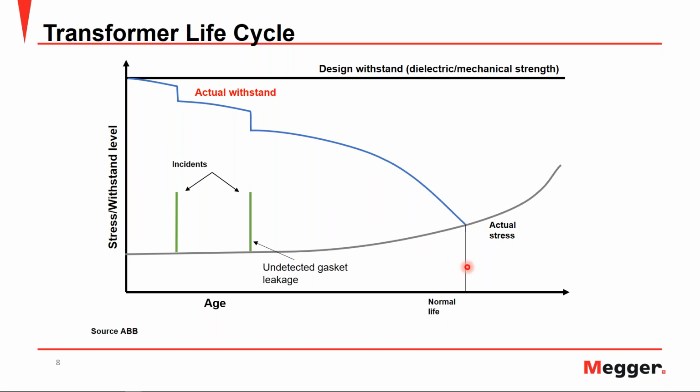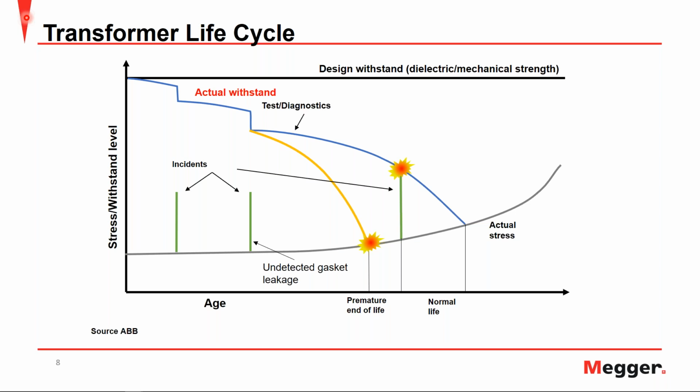if one of these incidences were to occur towards the end of the life, you could see a premature failure in the transformer. Or in the case of your undetected gasket leakage incident here, it could cause a defect that would cause further decay, or an exponential decay, of your withstand and could cause premature end of life.